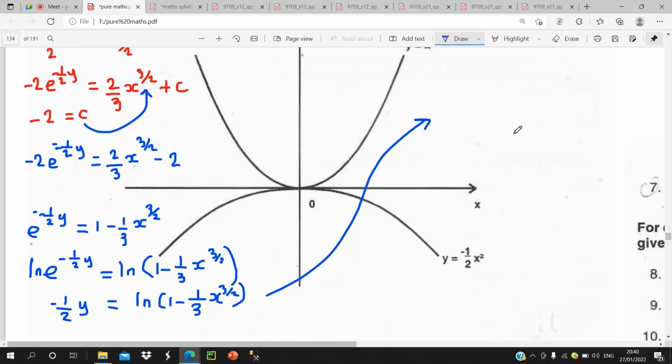Then we are going to have y is equal to minus 2 ln of 1 minus a third x to the power of 3 over 2.